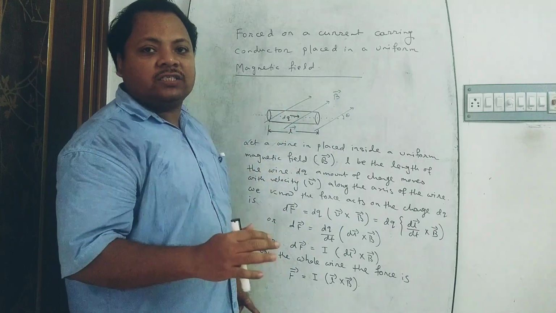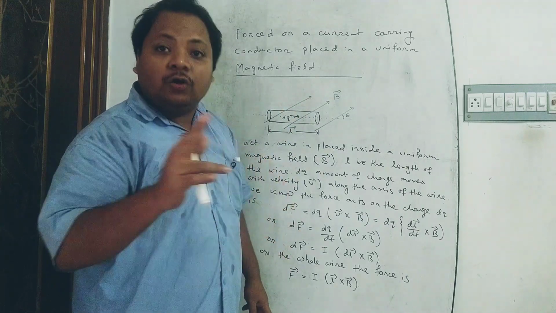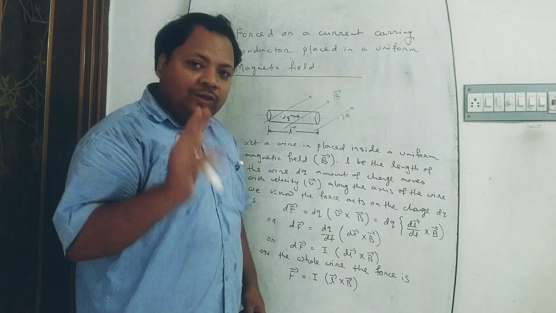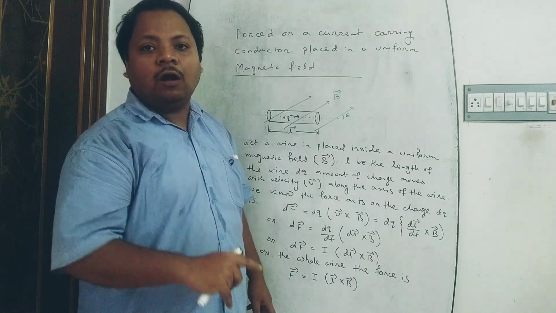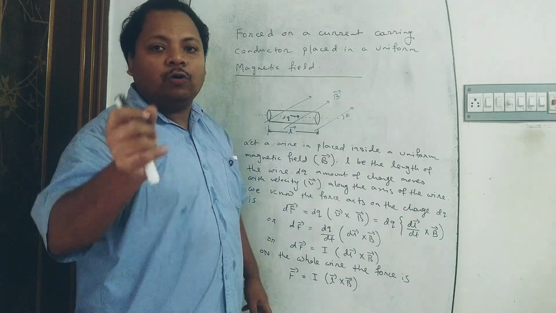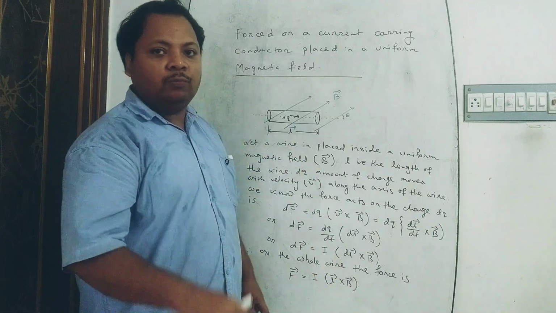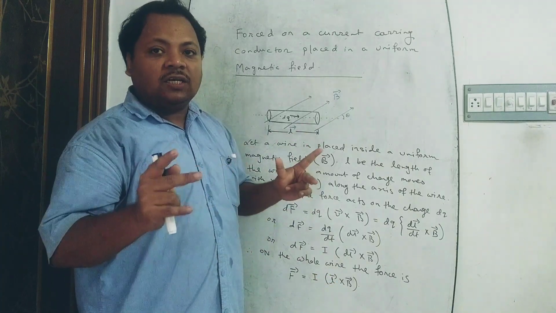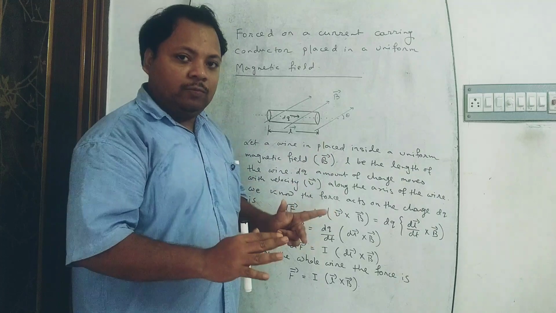This is known as Fleming's left hand rule, which is also known as the rule for the rotation of motors, or the rotation of Barlow's wheel.